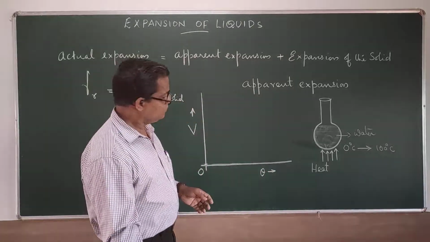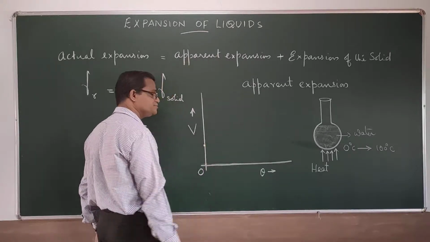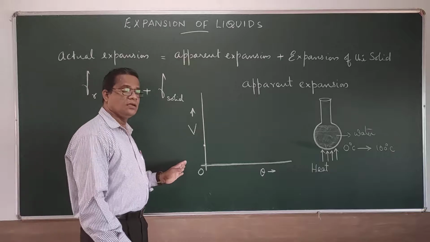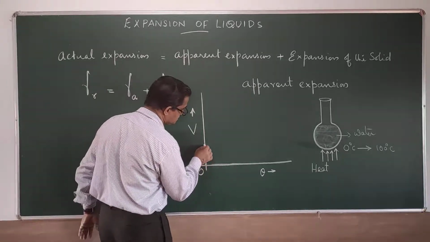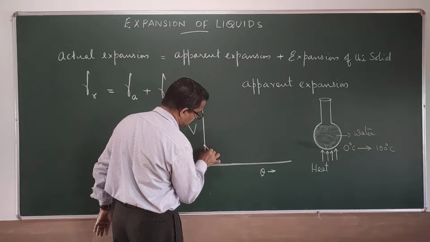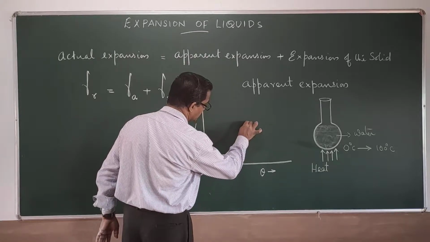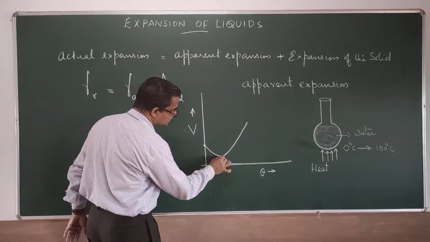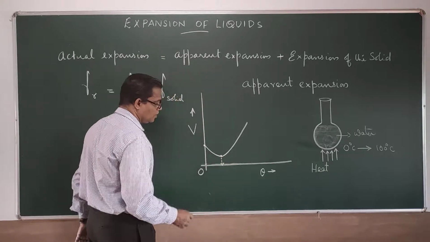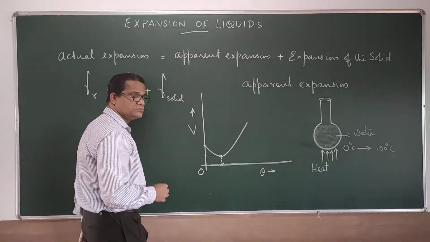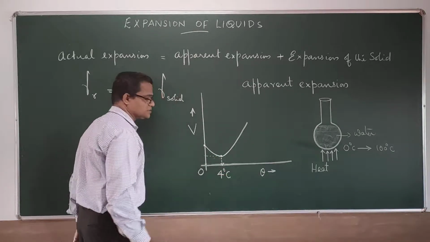So, when it is at 0 degrees Celsius, let the volume be here. And if I go on increasing the temperature, what I could see is the volume initially decreases and comes to a minimum and then goes on increasing. So this volume of the water reaches a very low value, and this happens at 4 degrees Celsius.